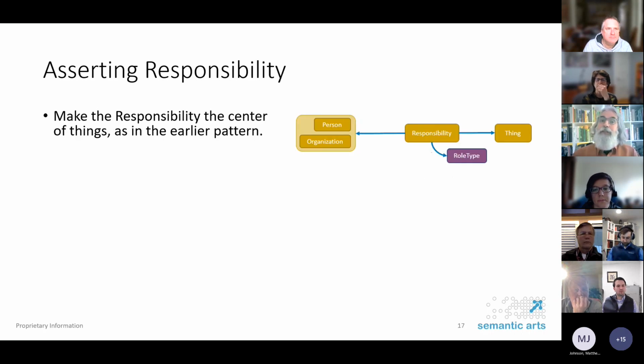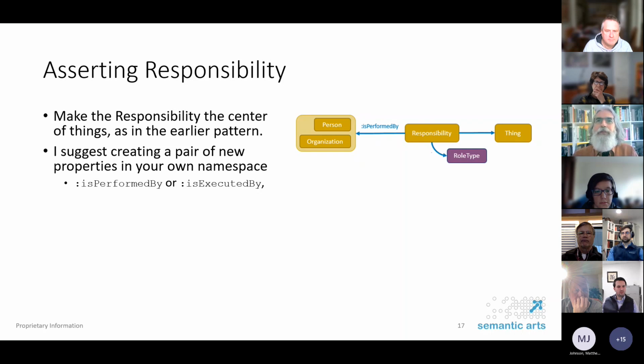So again, following the pattern that I had recommended before, you make the responsibility the center of your triples patterns, and so the responsibility is performed by some person or organization, or maybe you prefer something like is executed by this person or organization.